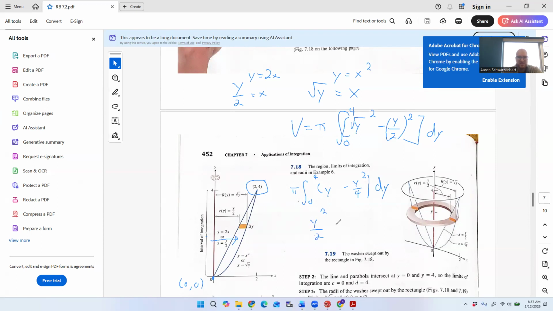y squared over 2 minus y cubed over 3 times the 4 on the bottom. Sixteen over 2 is 8 minus 64 over 12, 16 over 3.